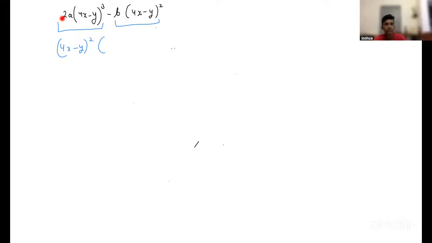Now what remains behind, Joshua, from the first term? 4x minus y, and only 4x minus y. Say loudly. From the whole cube, 3 is there. Now 2 is the minimum power, so it is taken out.